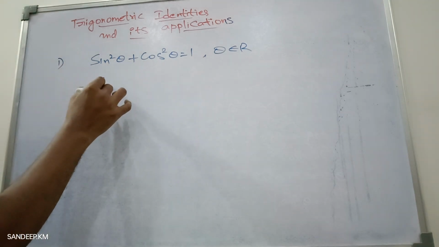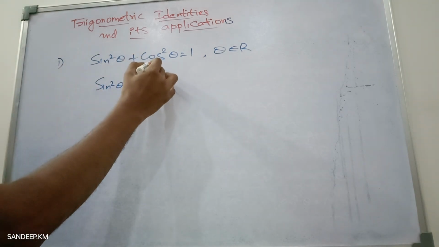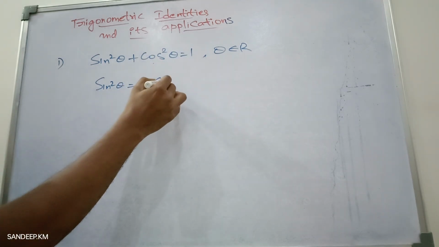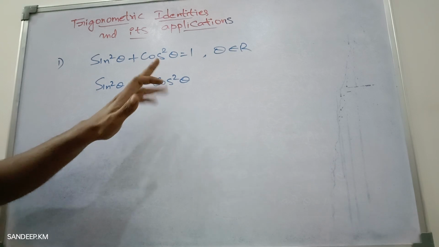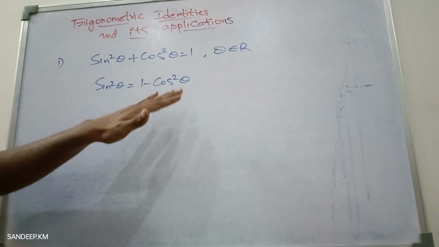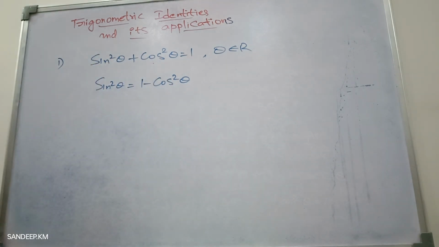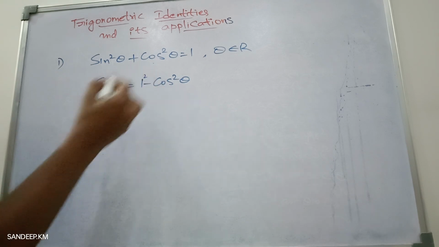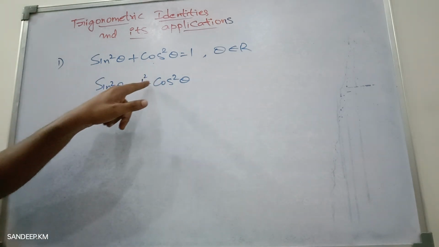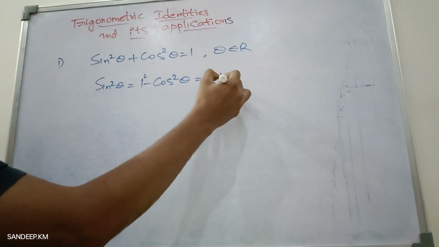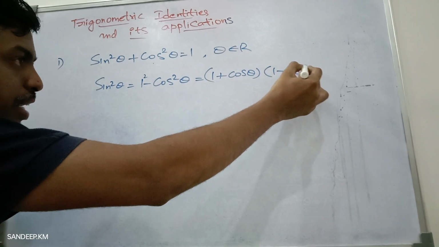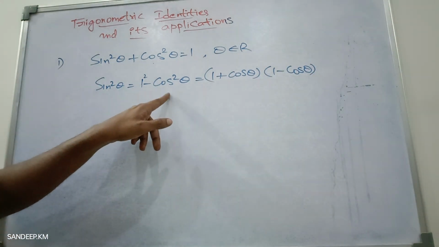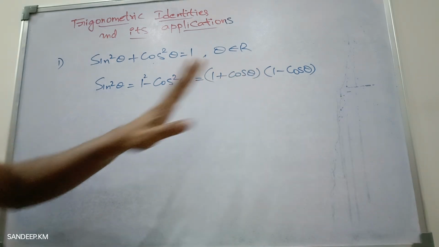From here, sin square theta can be written, by transposing cos square theta to the right side, as 1 minus cos square theta. So in problems, if you find 1 minus cos square theta, remember it will be useful if you convert it into sin square theta. And at the same time, 1 means 1 square. If you use a square minus b square, you can write it as a plus b into a minus b, which means you can write 1 minus cos square theta as 1 plus cos theta into 1 minus cos theta.